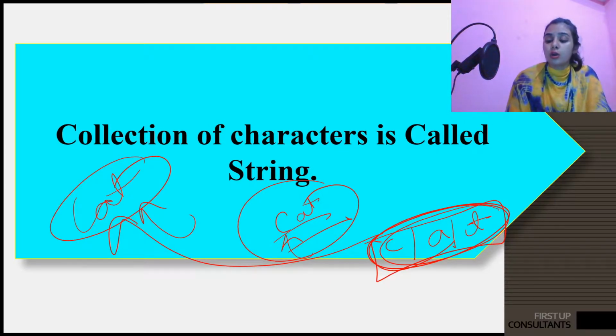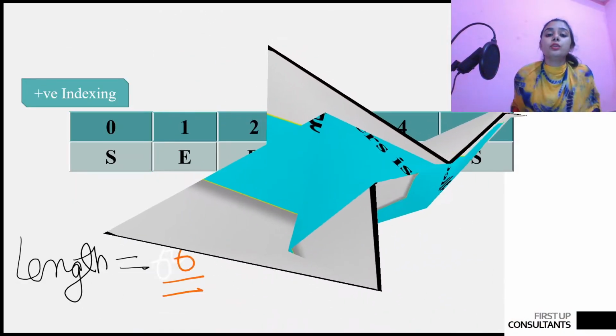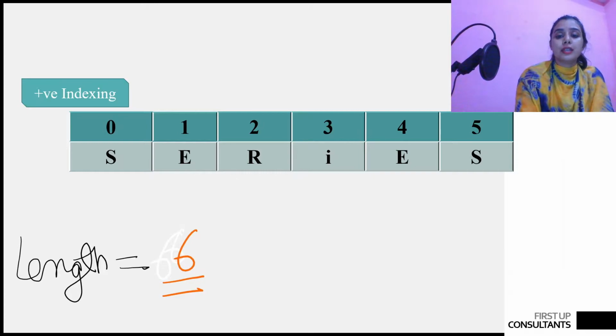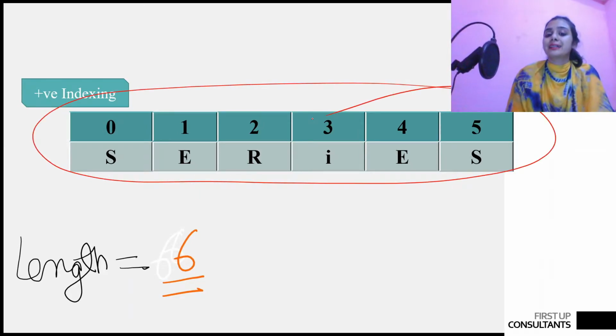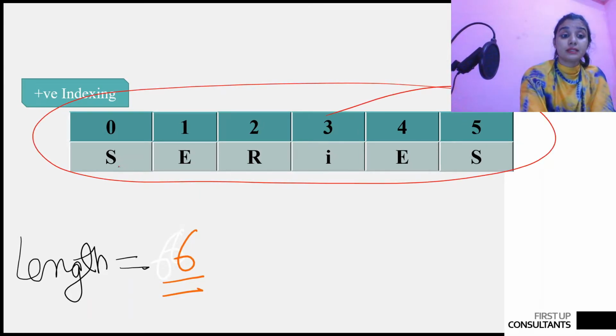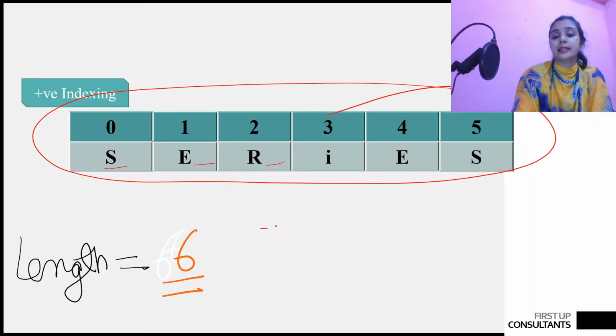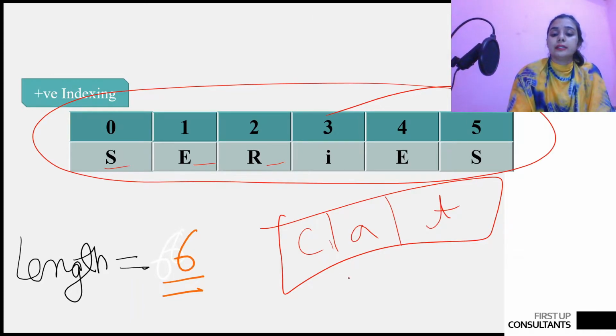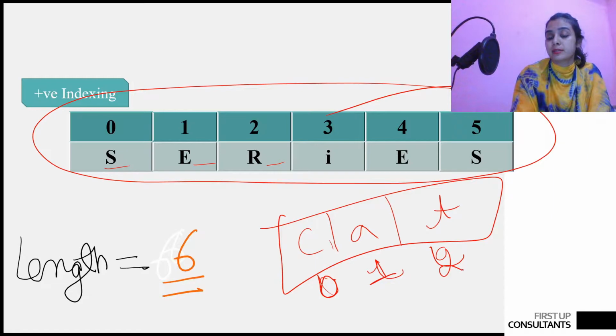Now a few things are important for a string. See guys, here this is indexing, for the series. If I take the previous example, cat, this is a character, this is a character, this is a character. Here this is the 0th index, this is the 1st index, this is the 2nd index.